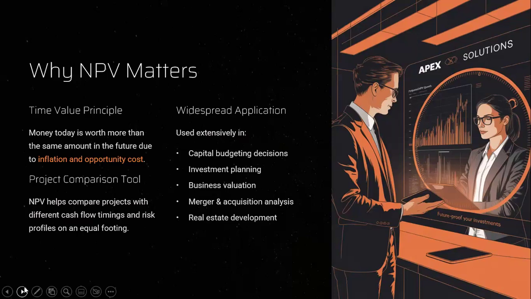This method is used for budgeting decisions, investment planning, business valuation, merger and acquisition, real estate development, pricing decisions, and so on. So this method is used for valuation under different circumstances and methodologies.